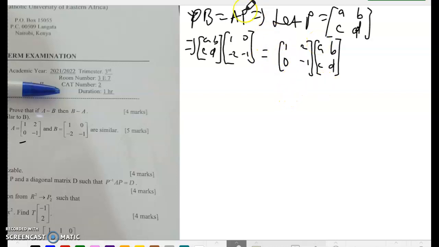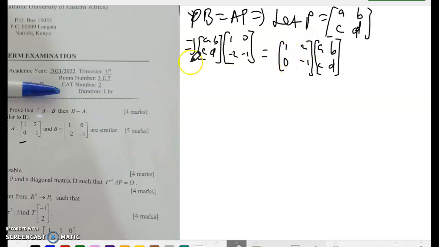So this is exactly what we are trying to show, that our PB is equal to AP, and our P in this case is given as a, b, c, d. So simply multiply P into the B matrix and multiply P into the A matrix and see what that will give us.